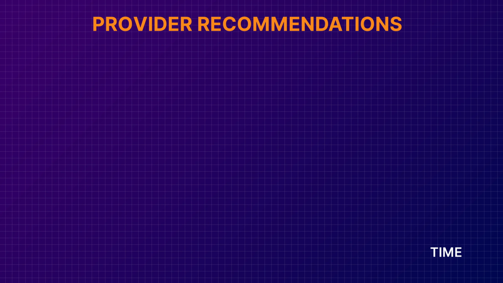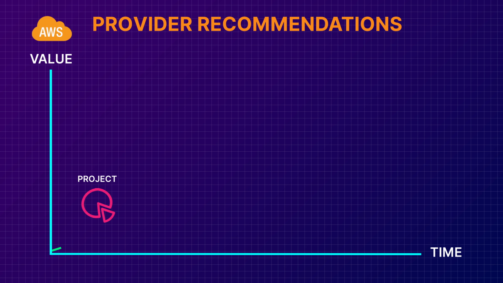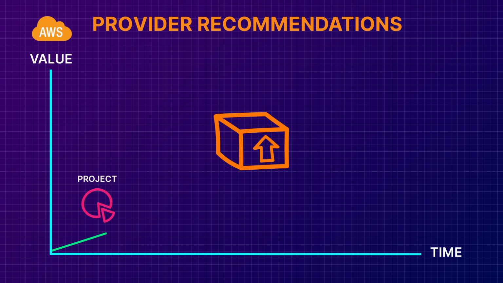For this reason, all cloud providers endorse some version of what's commonly known as the crawl, walk, run approach. This means that even if you have an ambitious vision, it's best to start out small and build on success. With AWS, they suggest a small pilot project that may gateway into more foundational building.